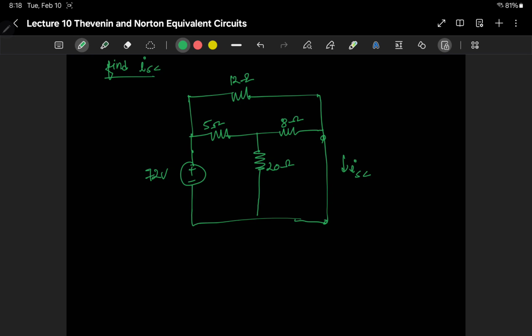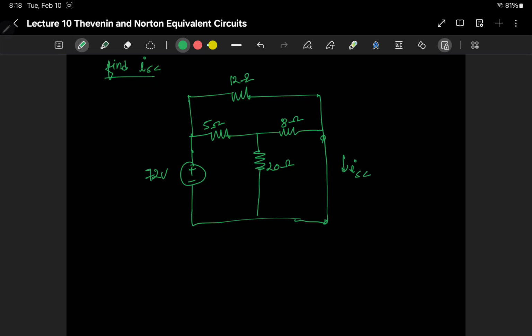The other option is to use node voltage method, but since our interest is finding Isc, we'll have to do KVL after node voltage method. So in this case, the mesh current method will be more efficient. So let's try mesh current method here.